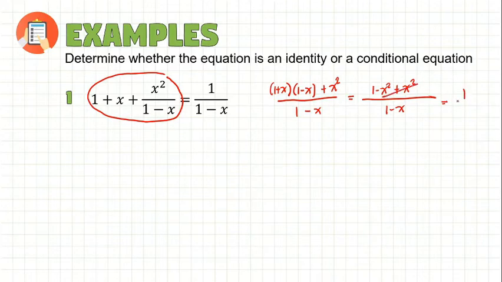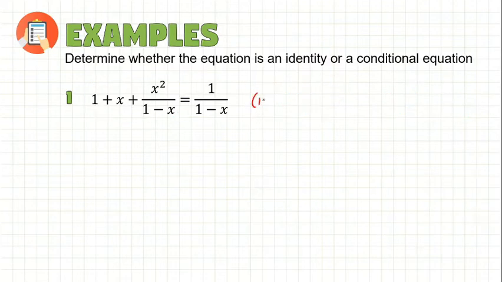That will be 1 over 1 minus x. So the two expressions here in the left-hand side and the right-hand side of the equation are actually equivalent expressions. Hence, this equation is an identity. Okay, so this one is an identity.